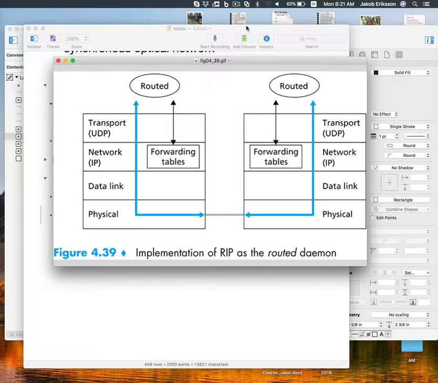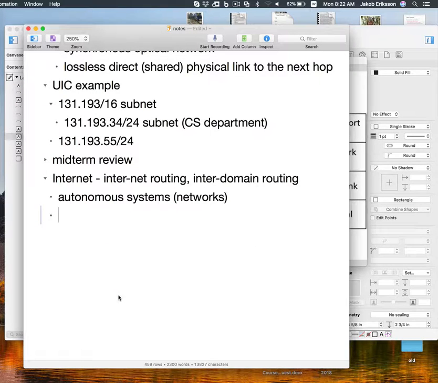It can be anything at all on the inside of their network. And it's only for traffic that goes to and from the rest of the internet, sort of passing the boundary of their autonomous system, that they need to speak IP and they need to speak what's called BGP, the Border Gateway Protocol.